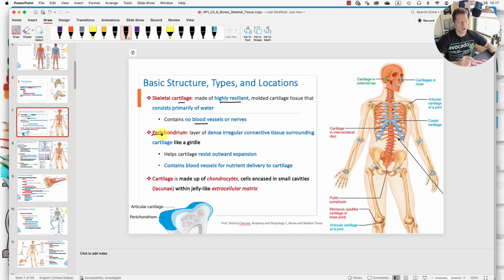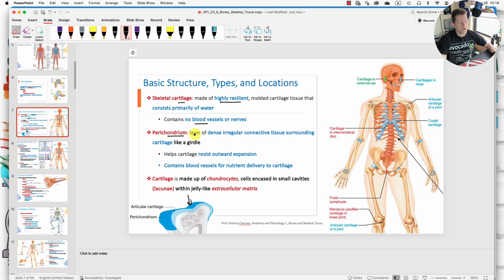Just because we're talking about the cartilage, the tissue that surrounds the cartilage is called perichondrium: cartilage, fibro, collagen; osseous, bone. So the periosteal membrane is around the bone, the perichondrial membrane around the cartilage.